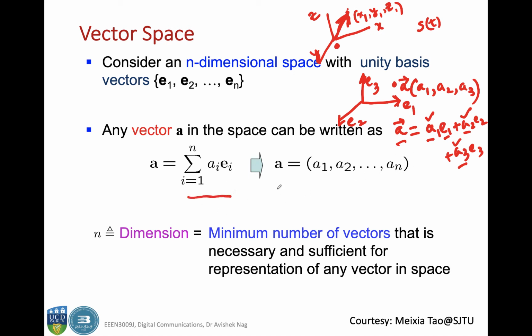You can write A as a summation from 1 to n, with Ai representing the different components of this vector across the different basis vectors. So n is the dimension of this vector space, and basically it means that this is the minimum number of vectors that is necessary and sufficient for representing any vector A in this space.